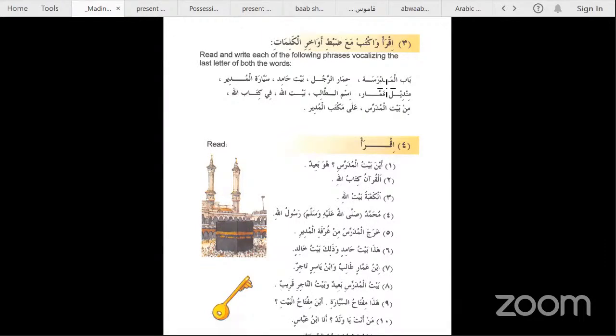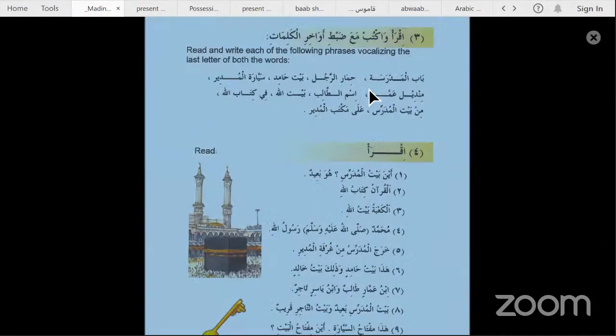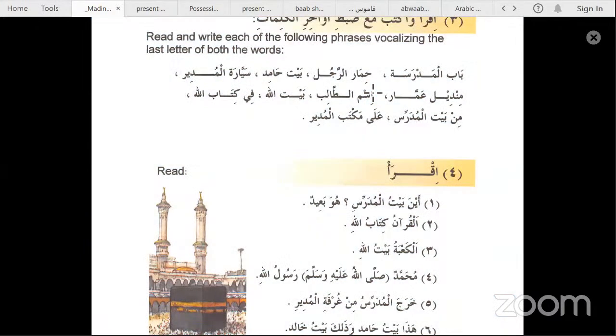So let's start from Bab al-Madrasa. Read the harakat correctly, please. Bismillah. Babil Madrasati. No, not Babe. Bab should be, what is it? Babul Madrasati. Excellent. Translation, please.